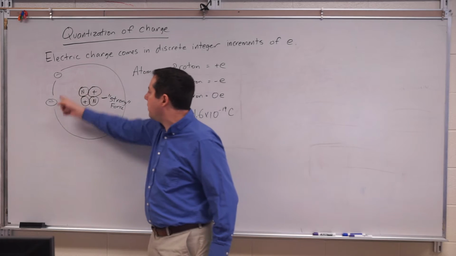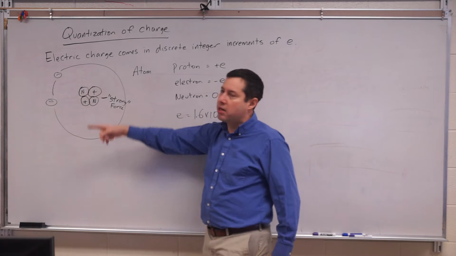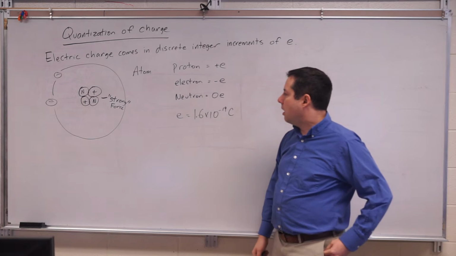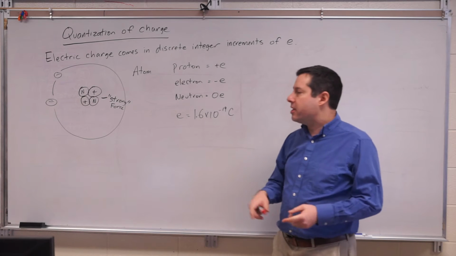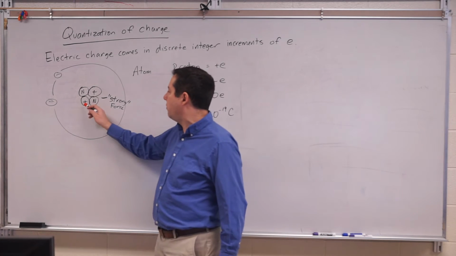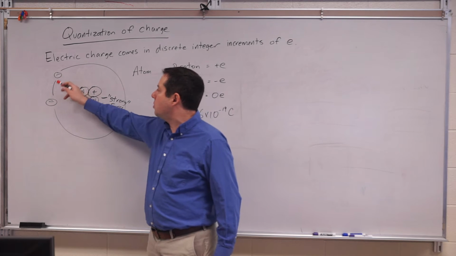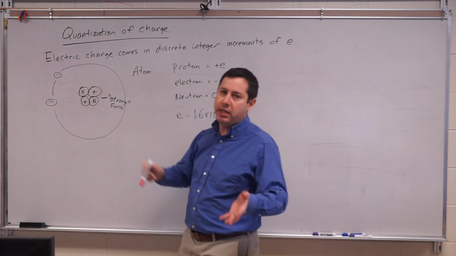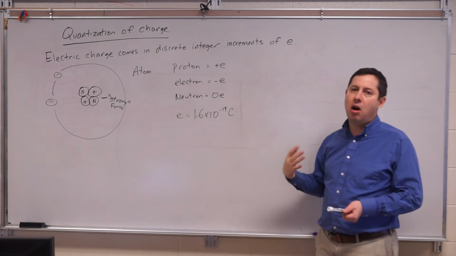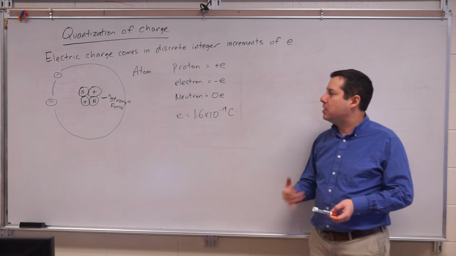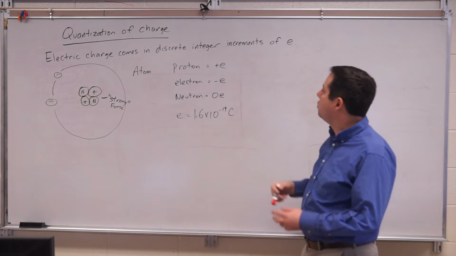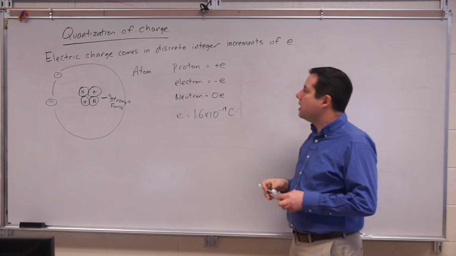And then you've got your electrons out here, in your electron cloud or your shell, depending on which theory you're following. You could add everything together and say, hey, the total charge of the nucleus is +2e, the charge in the shell is -2e, and the total charge would be 0. Well, it doesn't always work out that they add up to 0, but what we do know is that they always come in discrete integer increments of e.